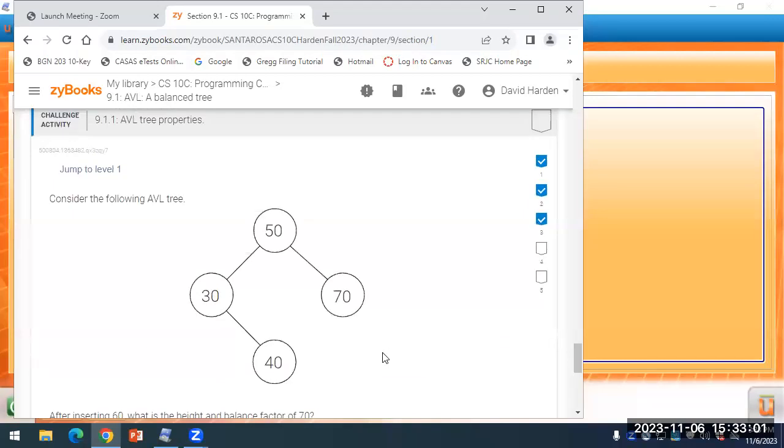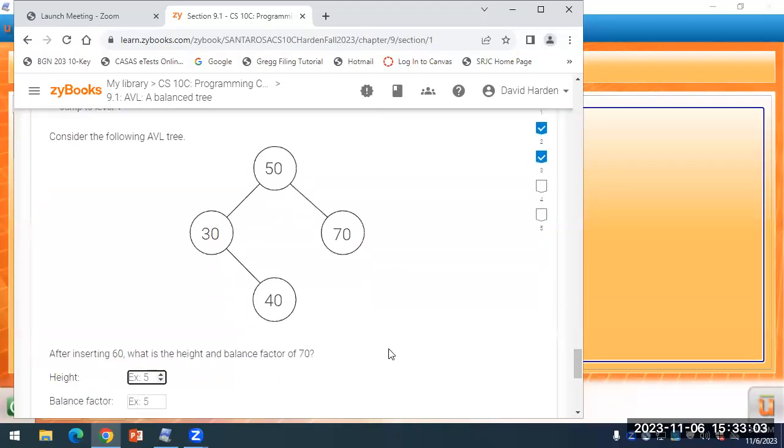Let's just, I can't resist finishing it up since we're so close. After inserting 60, what is the height and balance factor of the 70? So where's the 60 gonna go? To the left of 70. Everything's still gonna be an AVL tree at that point. So what is the height of 70?